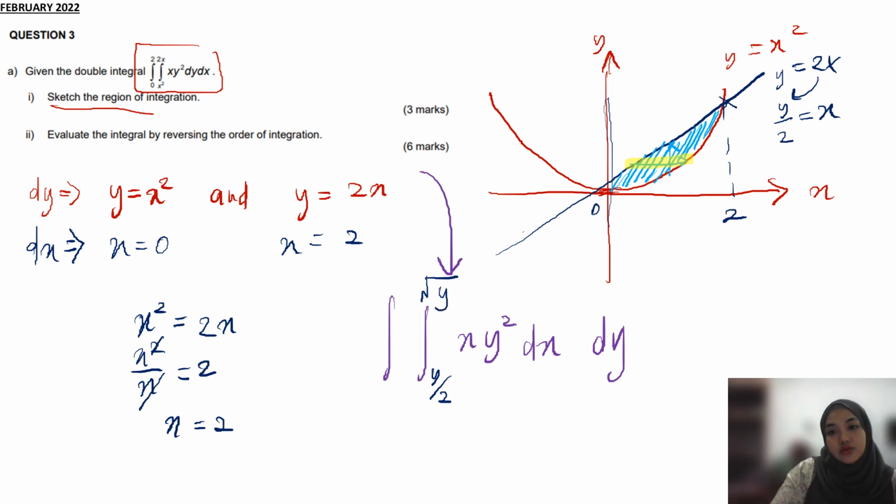Okay. So for dy, we read from bottom to top. The bottom is 0, right? 0 until this one, how much? We cannot put a function for the outer integral, it must be a constant. So to know its value, you have to calculate. So y equals x squared, and this one also y equals 2x.